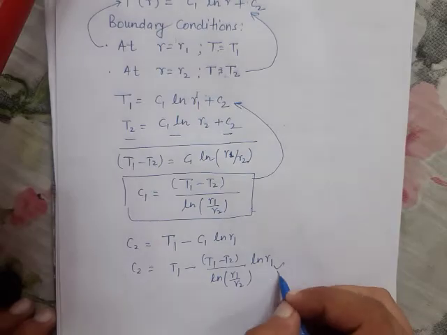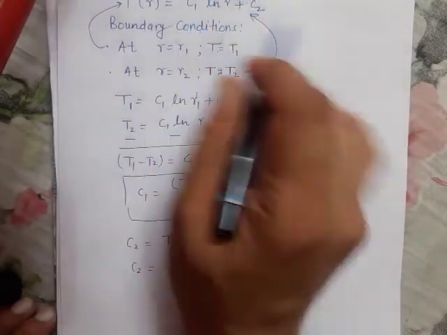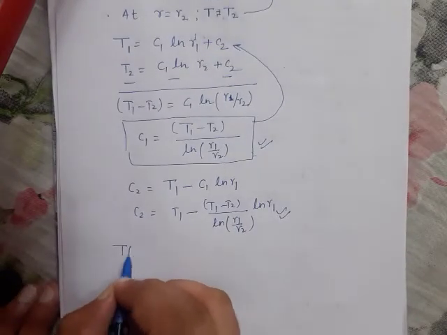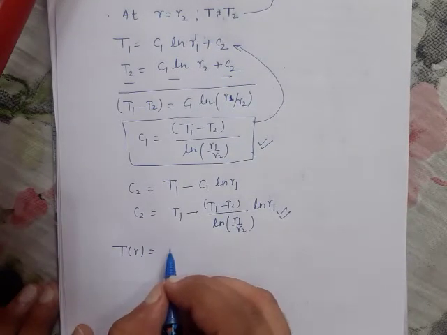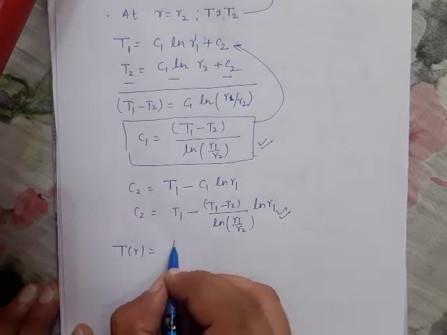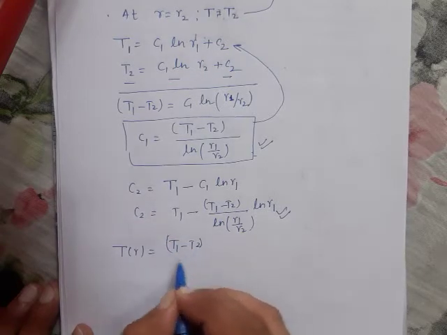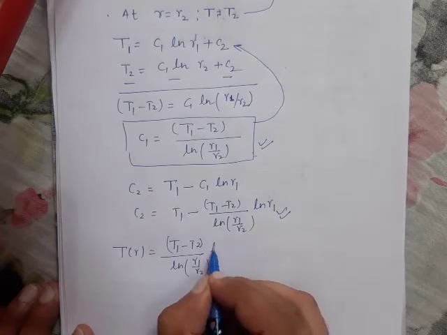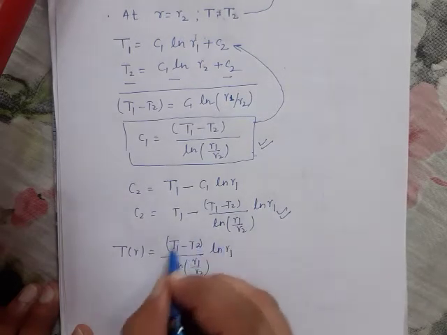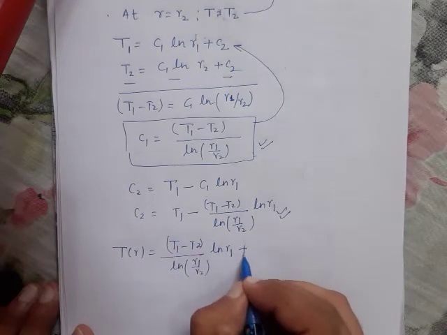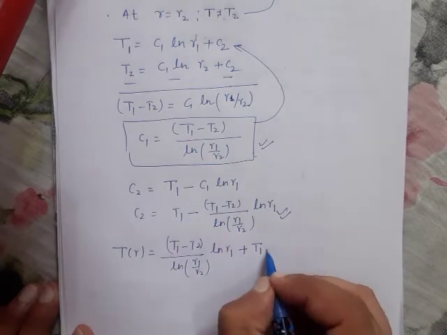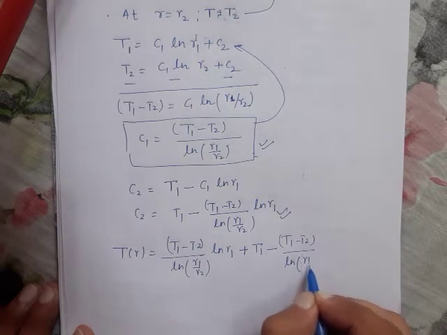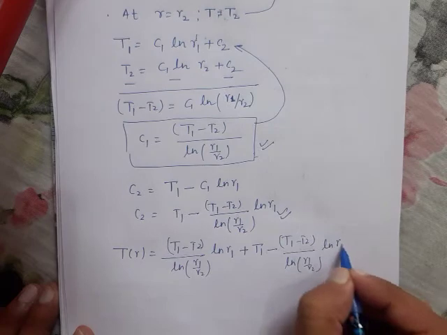Now put the values of C2 and C1 in the temperature distribution equation, which is C1 log r plus C2. So it is T1 minus T2 upon log r1 upon r2, multiplied by log r. This is the value of C1, plus C2, whose value is T1 minus T2 upon log r1 upon r2, multiplied by log r1.